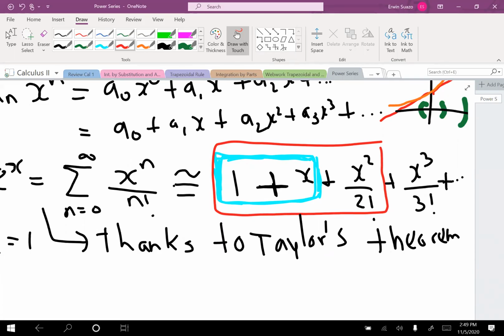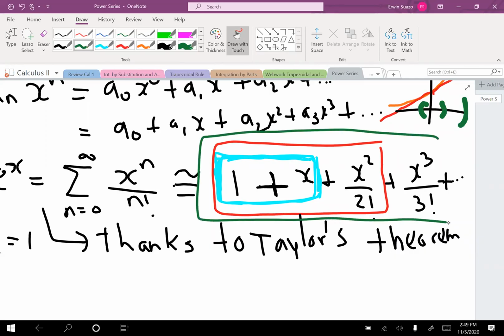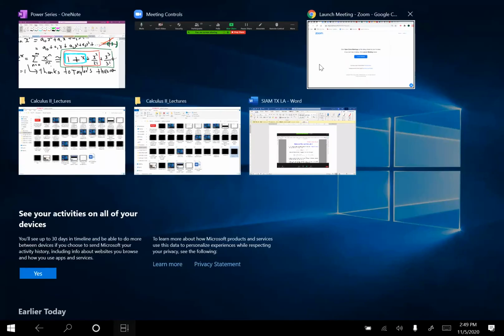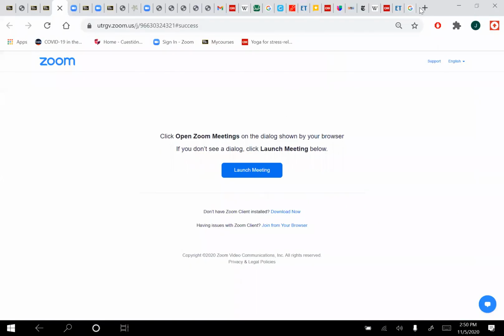I want at least cubic. You want a cubic approximation? Here you go. And so on. Whoever starts complaining, you get a better and better approximation for the exponential function. Okay, so let's graph this to see how it looks.